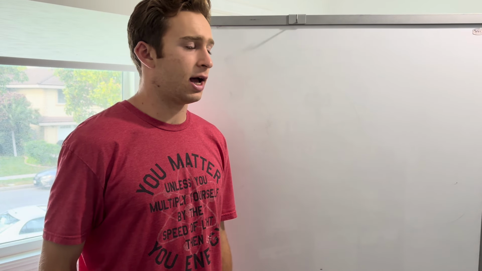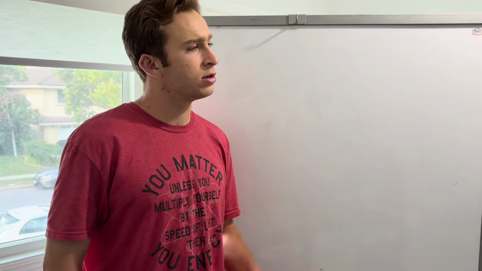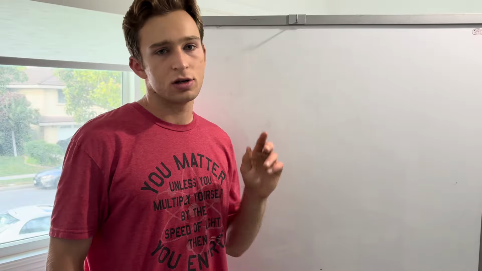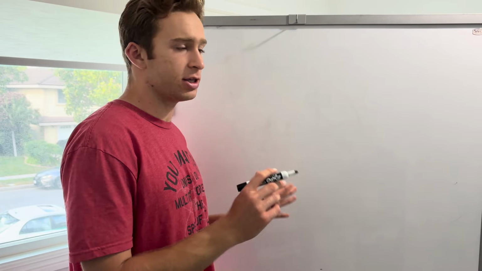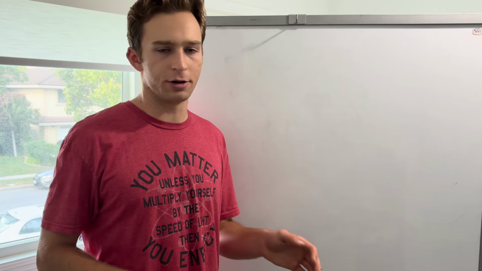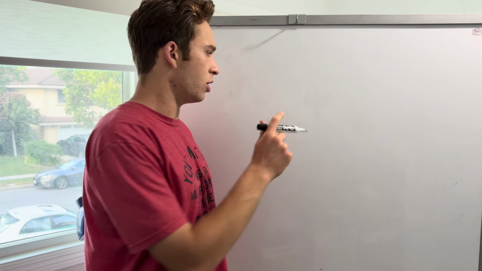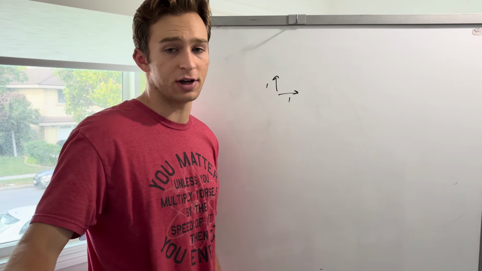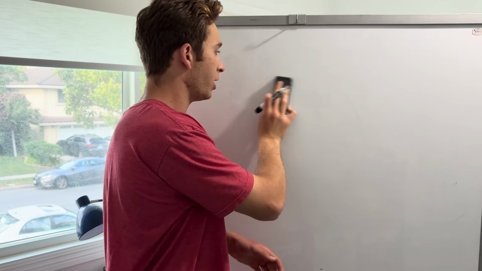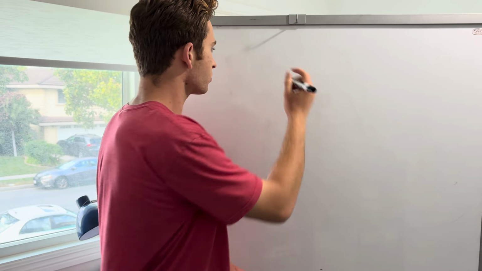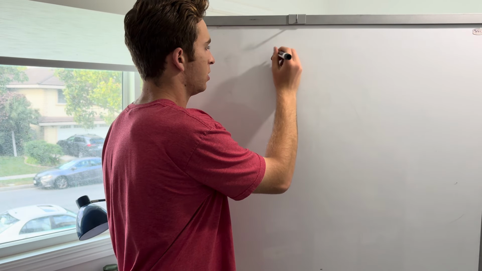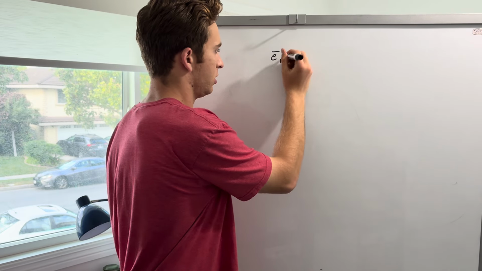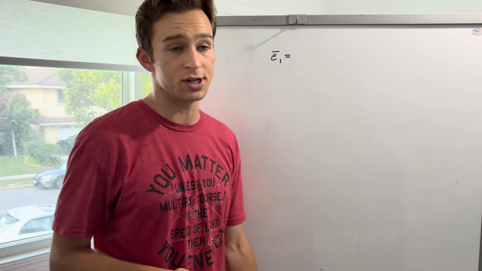Now, I'm going to show a scenario where this doesn't work. Let's say I have a new basis. So I'm not using my regular basis vectors, 1, 0 and 0, 1, one unit in the x direction and one unit in the y direction. I'm not using those anymore. I'm going to create a new basis. I'm going to call it E bar 1 instead of E1 because we already used E1.